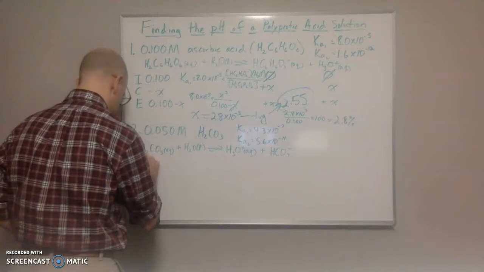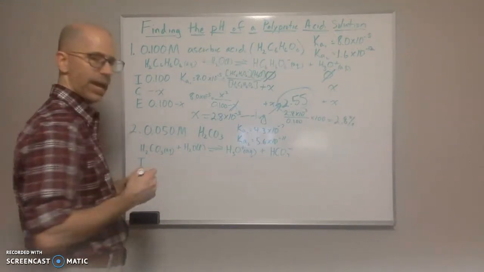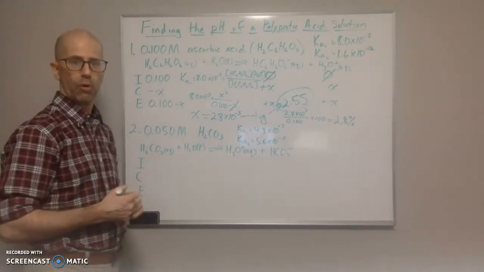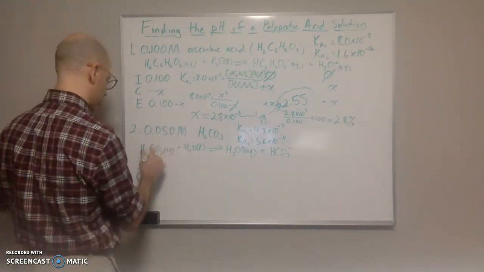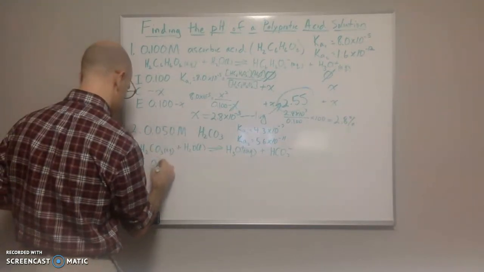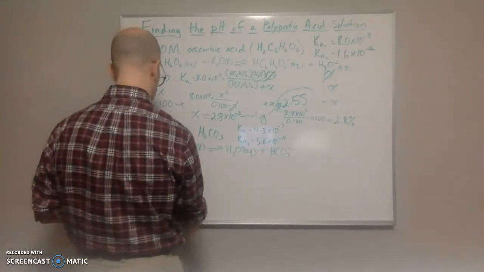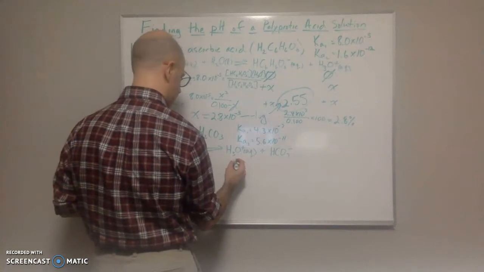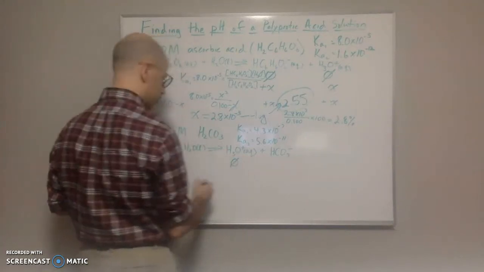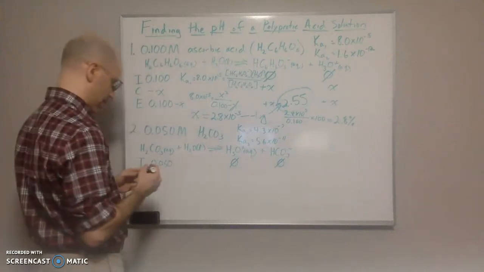And we'll use our ICE table to figure out how much H3O+ is formed from the first proton. And so we take our initial concentration, 0.050. That's what we started with. The amount of H3O+ is negligible at this point, so we'll say 0. We have 0 amount of that.